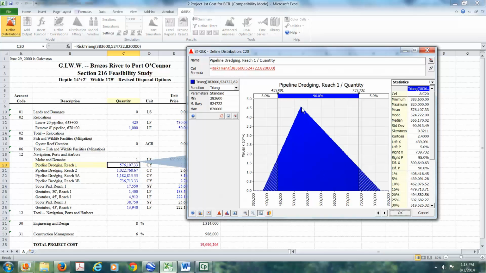The most likely value here was obtained from a model used by the U.S. Army Corps of Engineers, and they provided error bounds for these values as well.